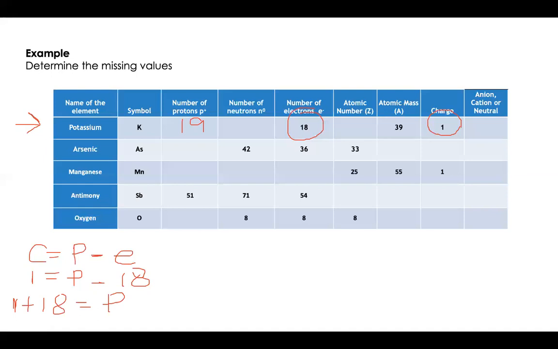The number of neutrons, okay, is going to be equal to what? We said that in the formula that we have here, atomic mass is equal to the number of particles that we have in the nucleus, which is the same as protons plus neutrons, okay? Since in this example they are giving me the atomic mass, which is 39, it is going to be equal to the number of protons, which is the one that we just got, 19, plus neutrons.